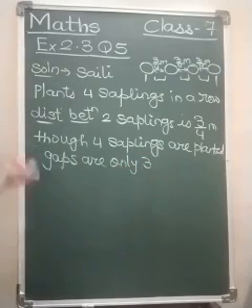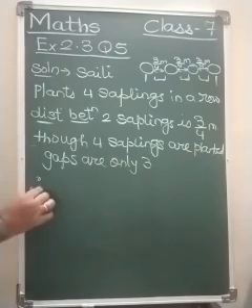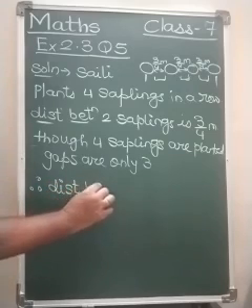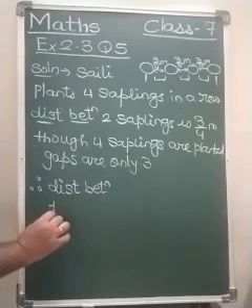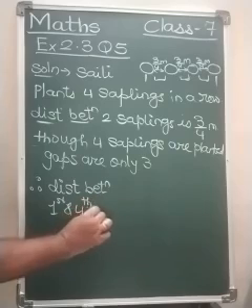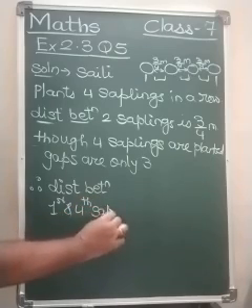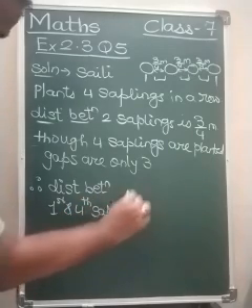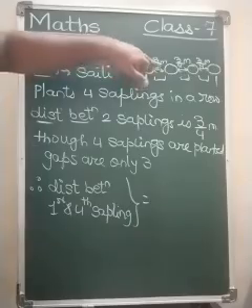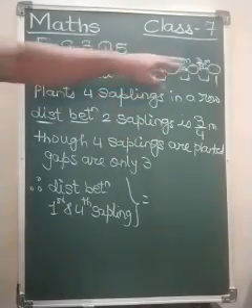Therefore, distance between first and fourth sapling equals to, total how many times we have to add? 3 upon 4. We have to add 3 times.